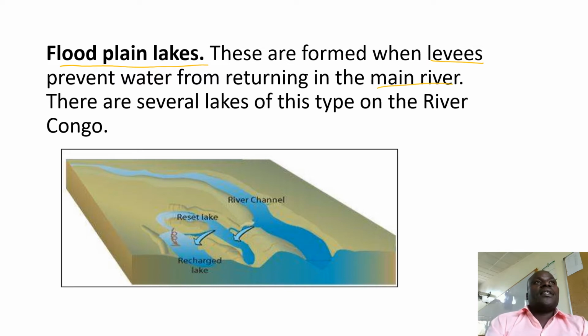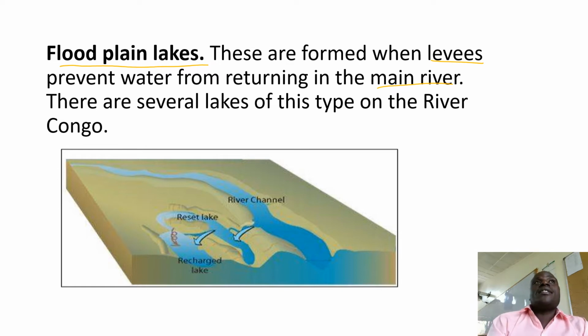We looked at what levees are when we were looking at features formed in the lower stage of a river. We said levees are depositional materials heaped at the banks of a river.